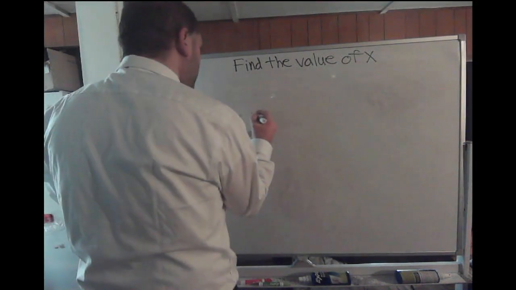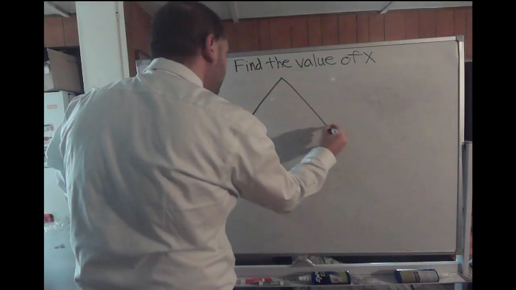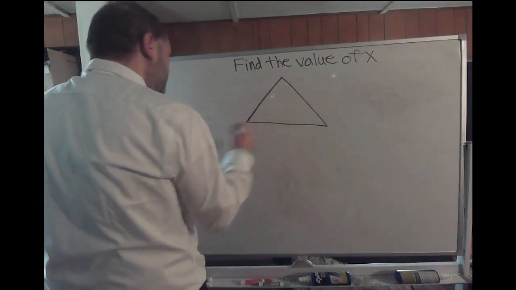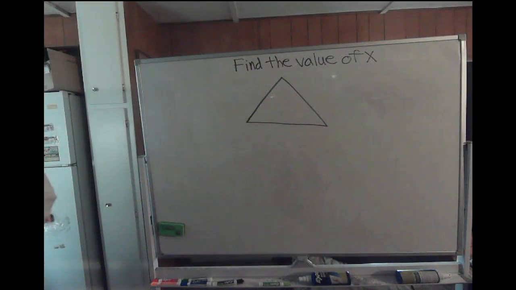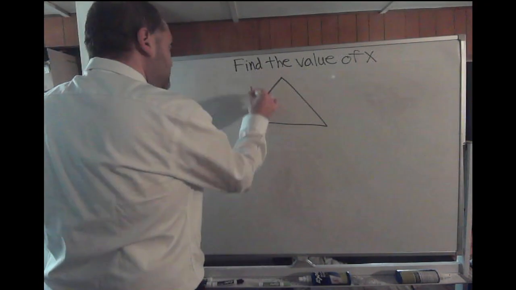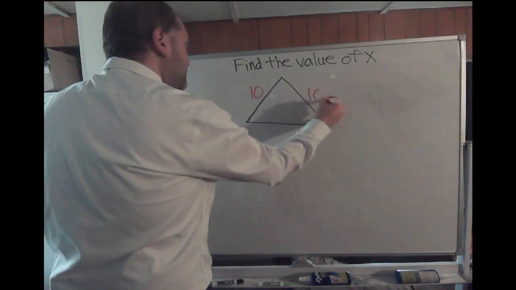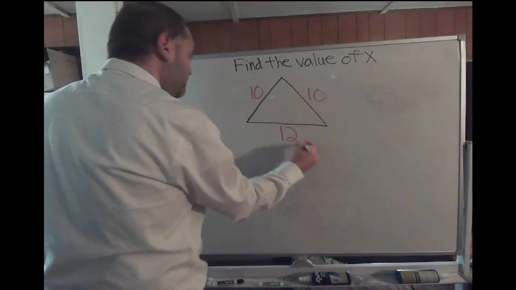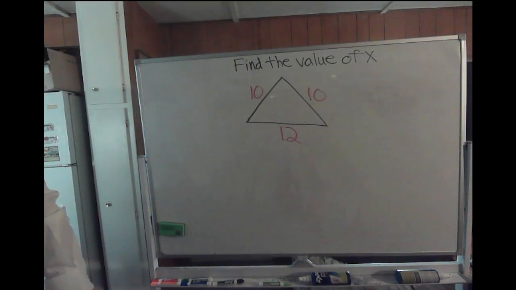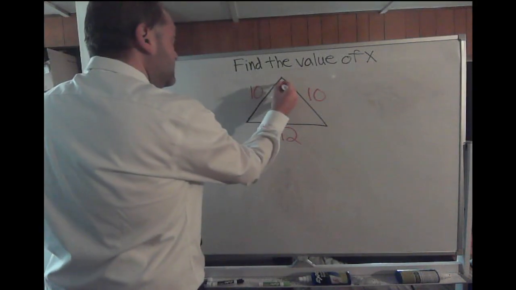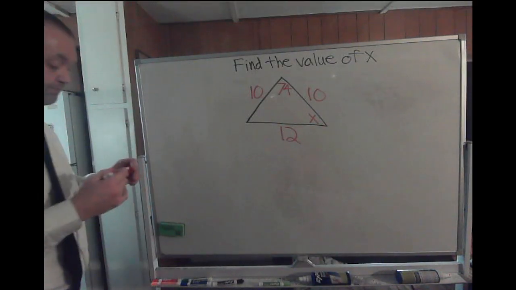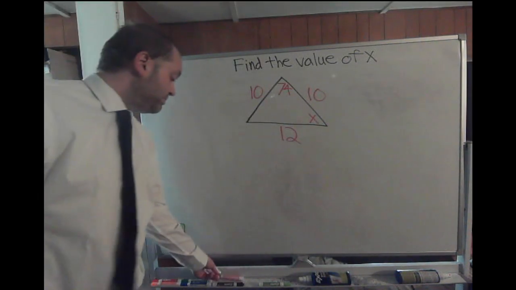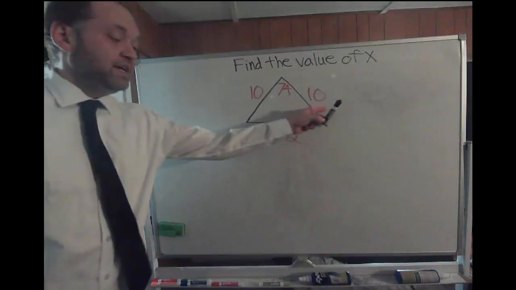Draw another triangle. This one's going to be a little bit different. 10, 10. This is 12. 74 and x. Okay. So this time they're giving us the lengths of sides.